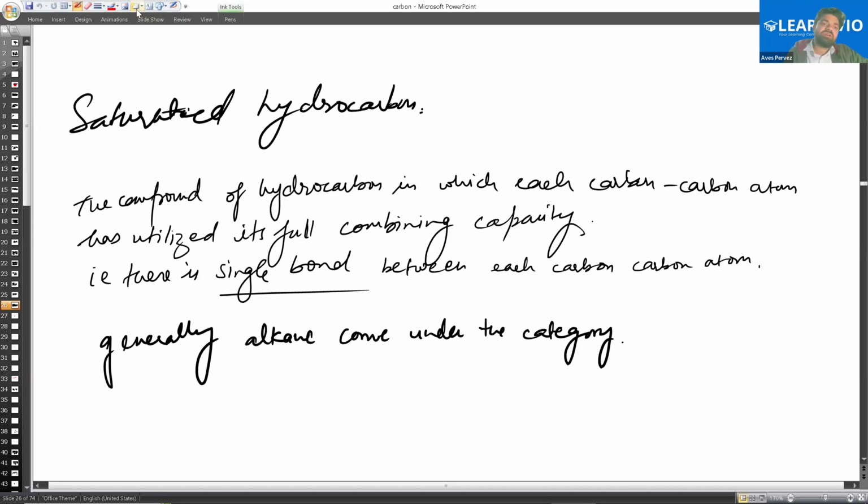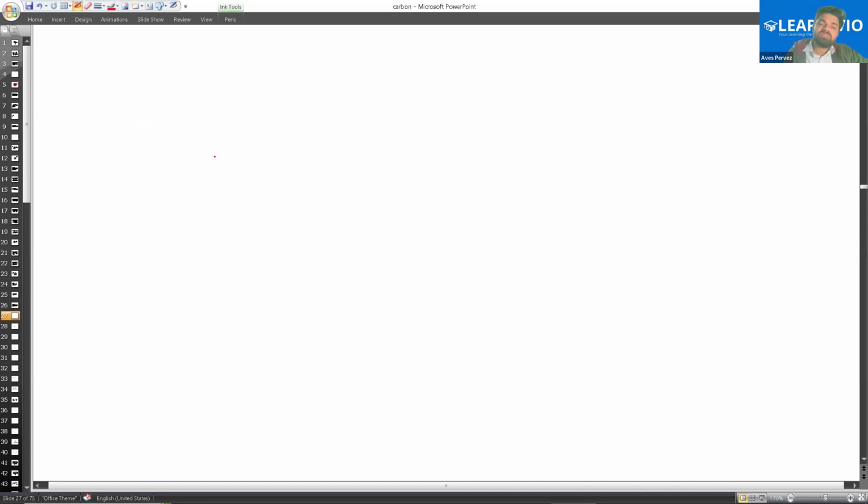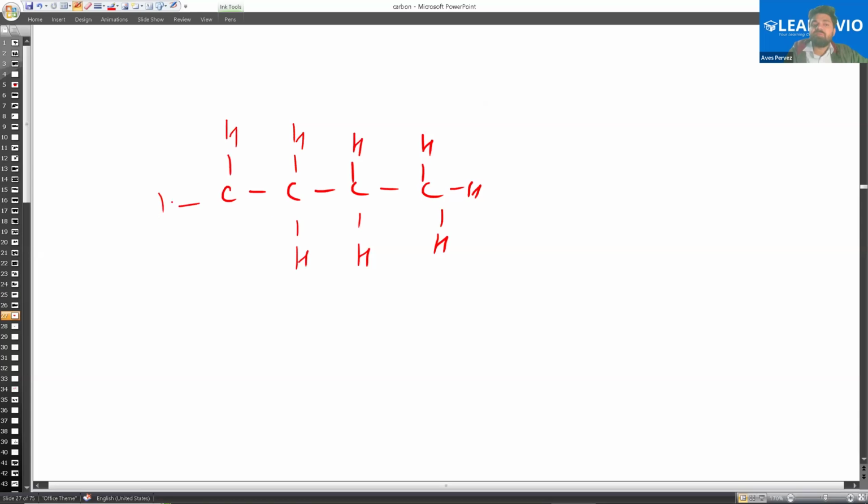We call it a saturated hydrocarbon, meaning carbon has utilized its full combining capacity. Every carbon atom is bonded with a single bond between carbon atoms. If there is a double bond between carbon and oxygen or carbon and another element, it will still be considered saturated. So saturated means the bond between carbon atoms is a single bond.